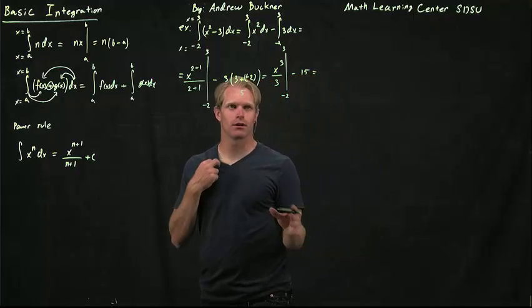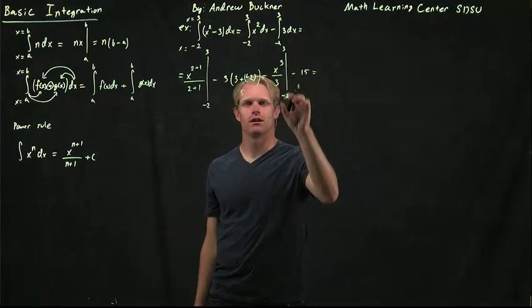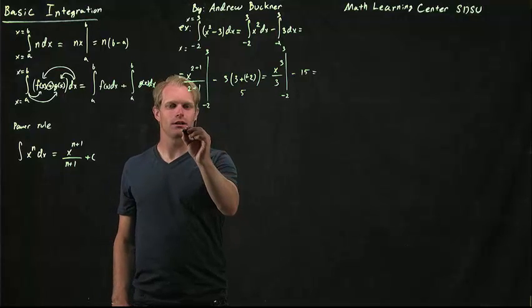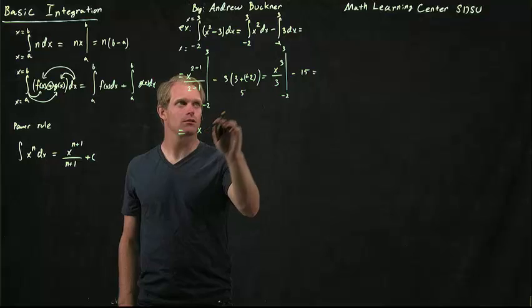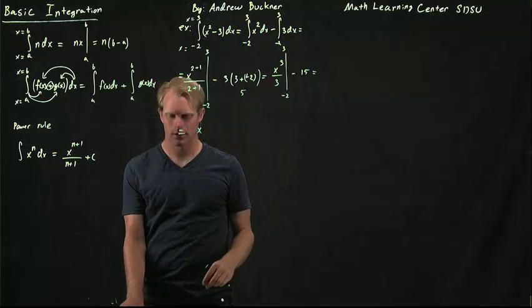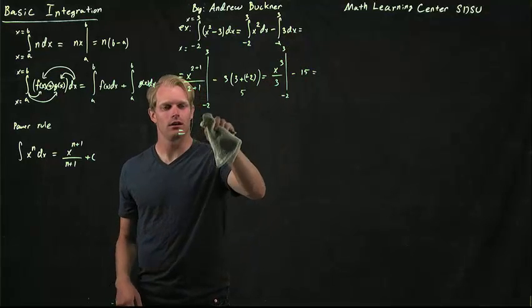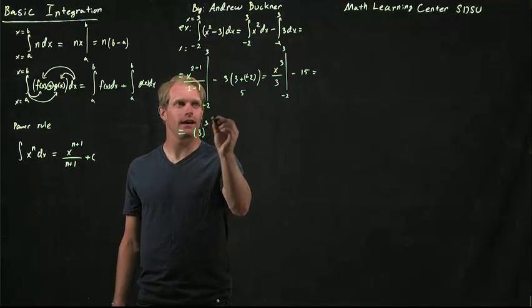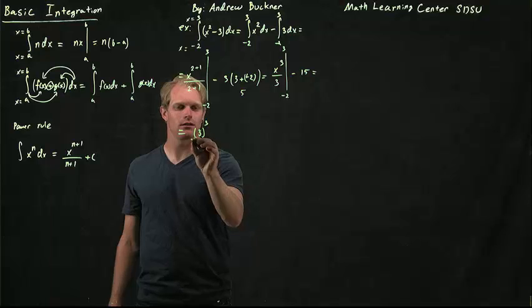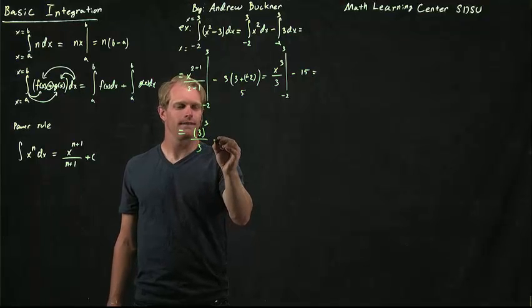From here, we're now going to evaluate this power rule function, where we have the x term, which we plug in as the value 3, and evaluate that as 3 cubed over 3.